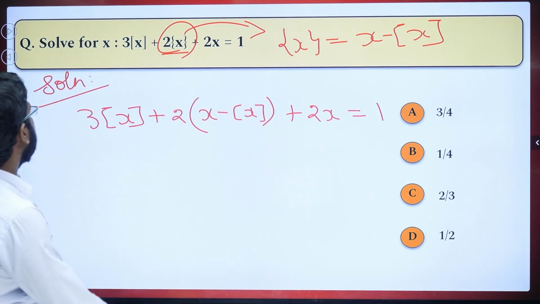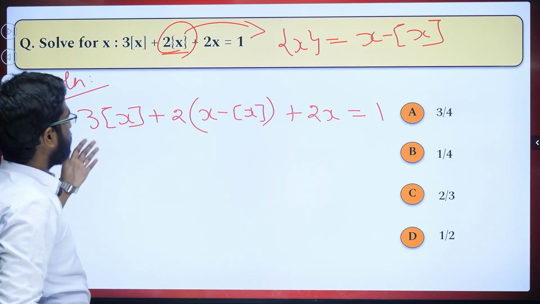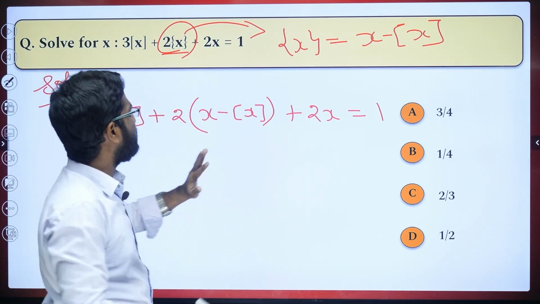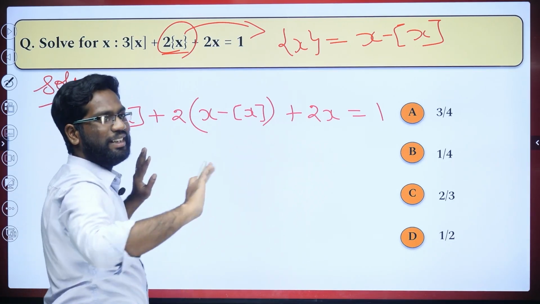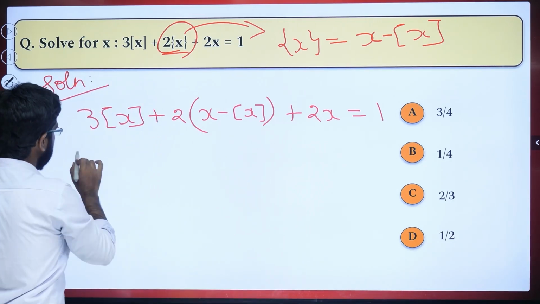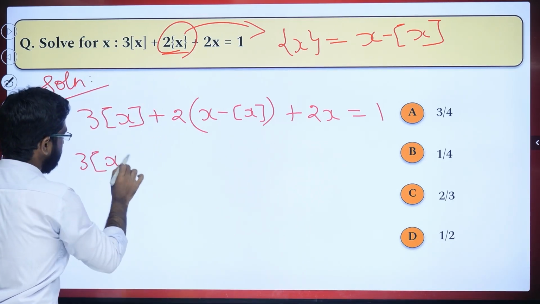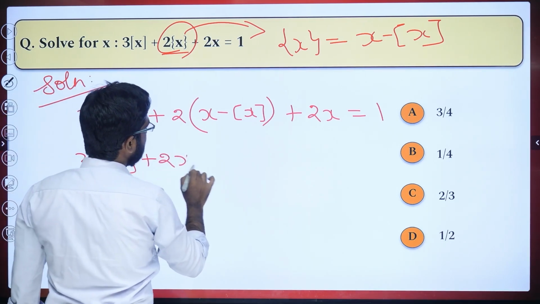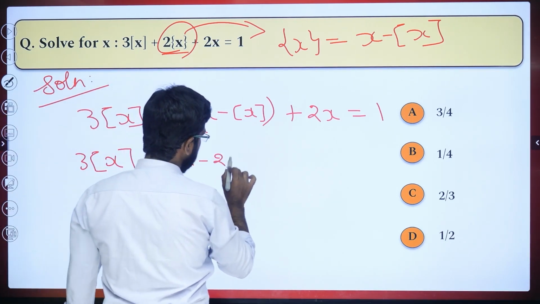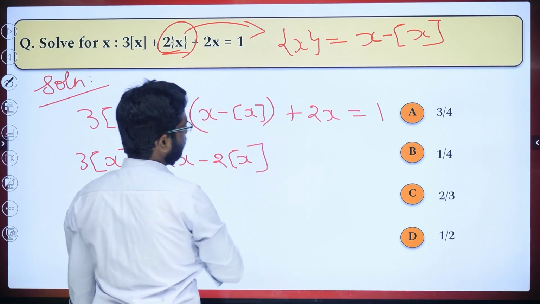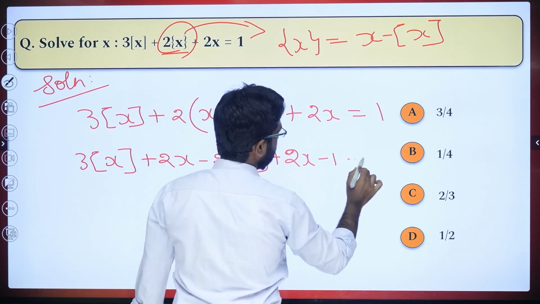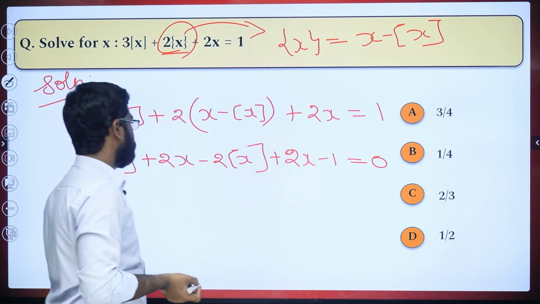Okay. So 3 greatest integer of x, 2 into x minus greatest integer. My dear students, I have just expanded this, nothing else. Now 3 greatest integer of x plus 2x minus 2 greatest integer of x plus 2x minus 1 is equal to 0.